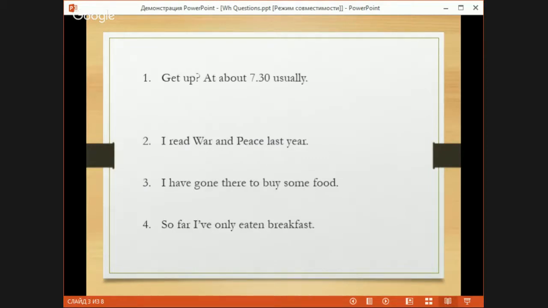Let's move on. We have here answers. And according to these answers, you have to think about questions. Also pay attention to what kind of tense it is: present simple, past simple, present perfect. Actually, this is what you can see here. The first sentence, present simple. The second sentence, past simple.